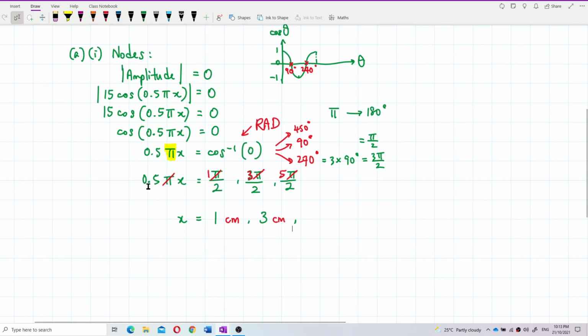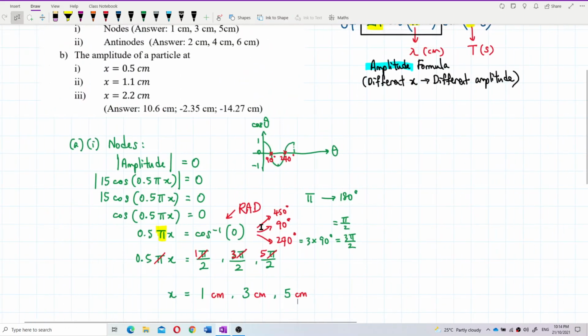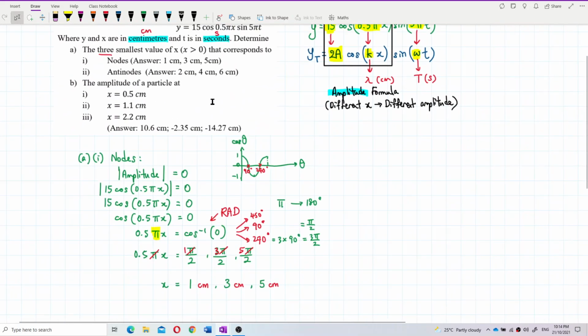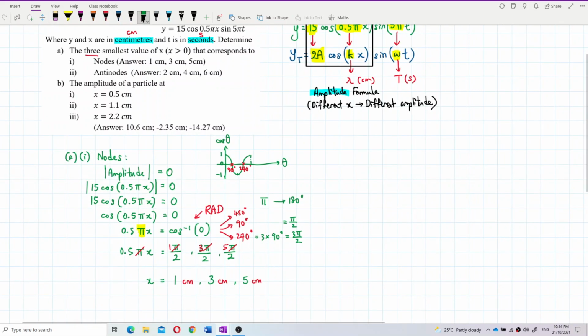What's the answer? I get 5 centimeter. See that? So 135. Is it correct? Yes, the answer is correct.